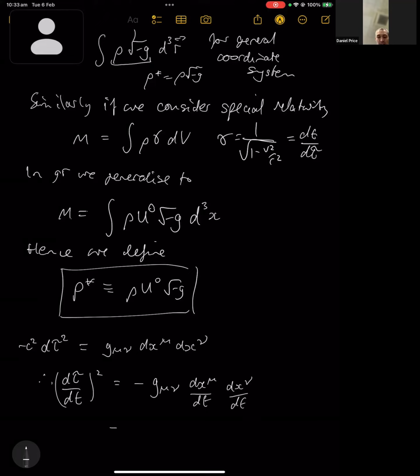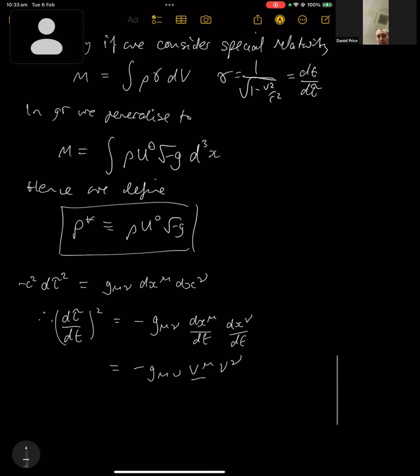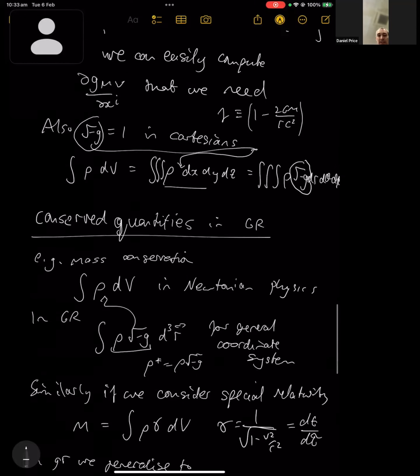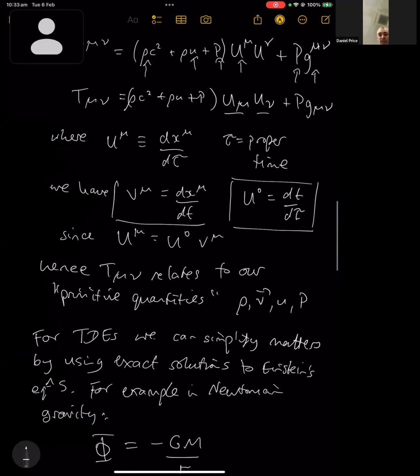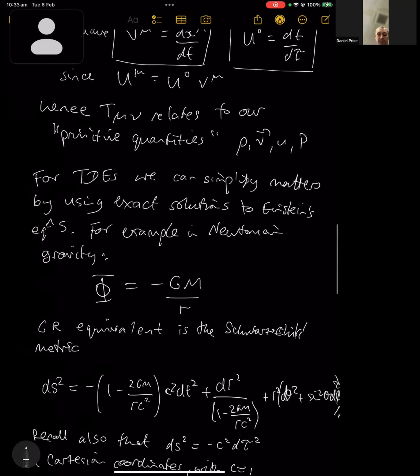So those are just our velocities. So that's equal to minus g mu nu v mu v nu, and those are just our primitive velocities that we defined before. That's our definition of a velocity: the derivative of the position with respect to the coordinate time.